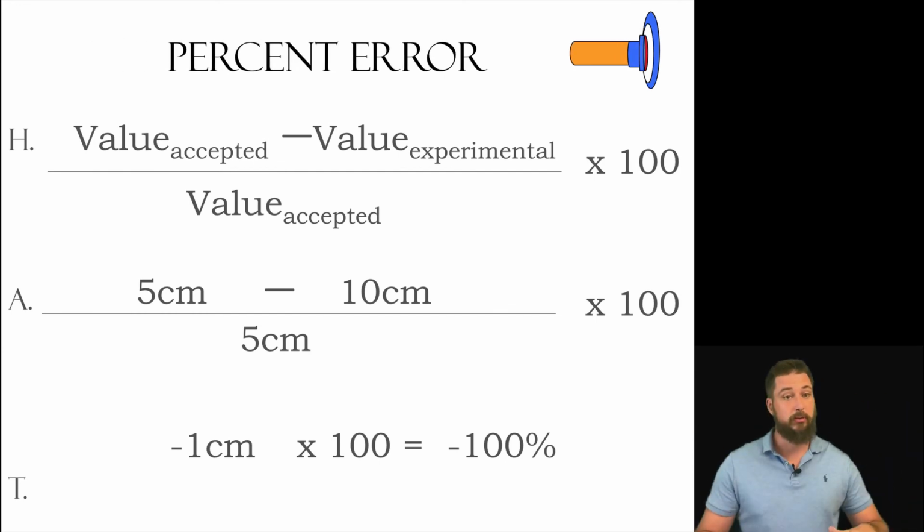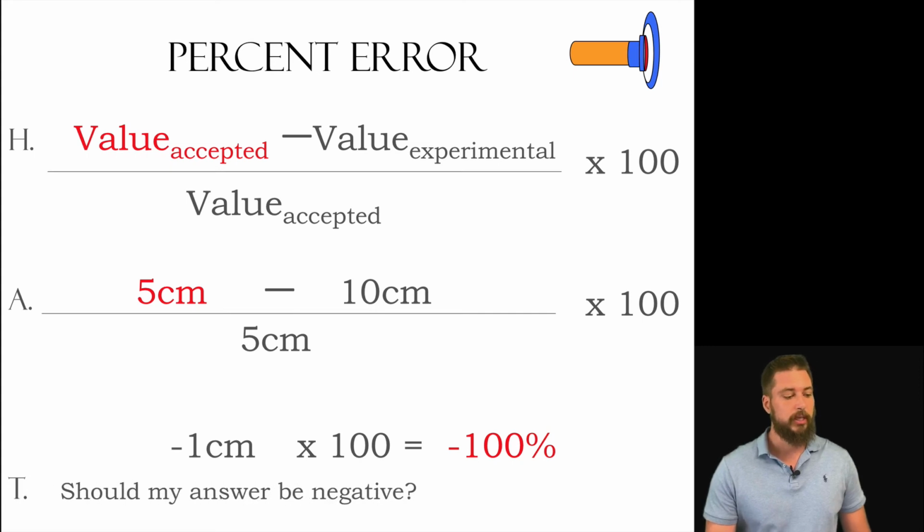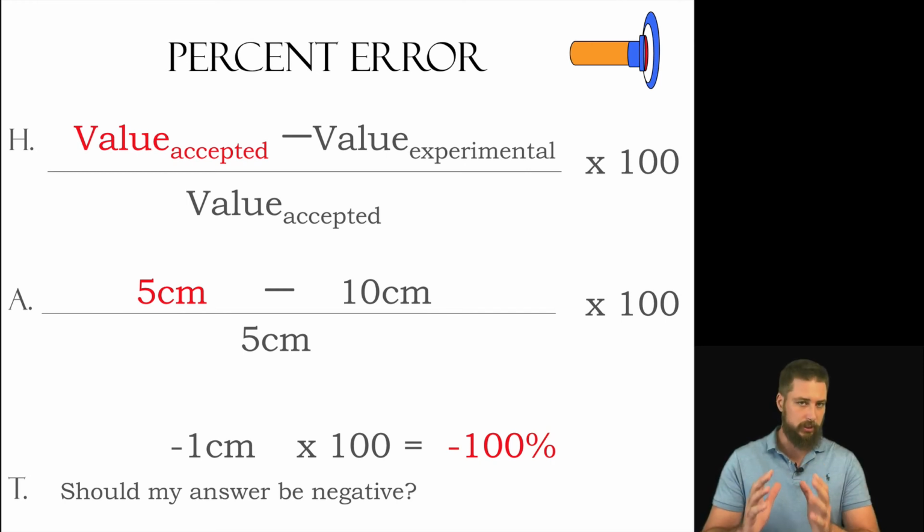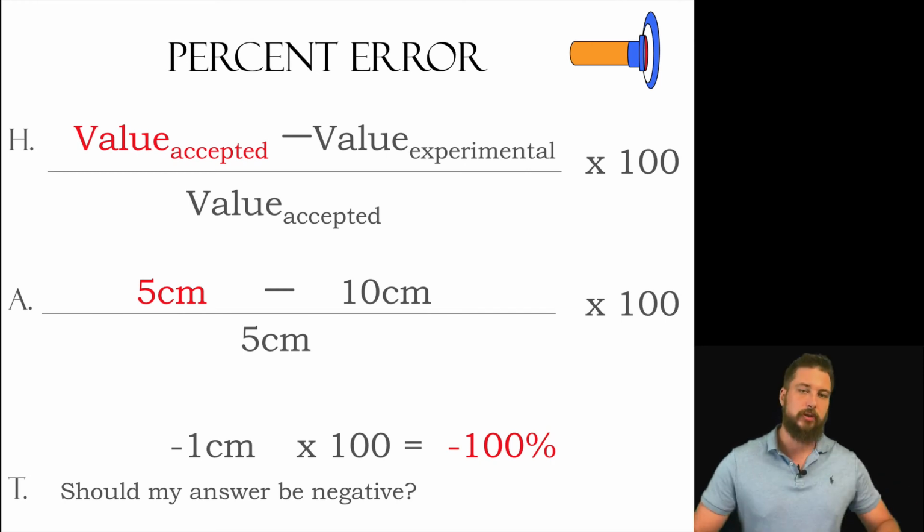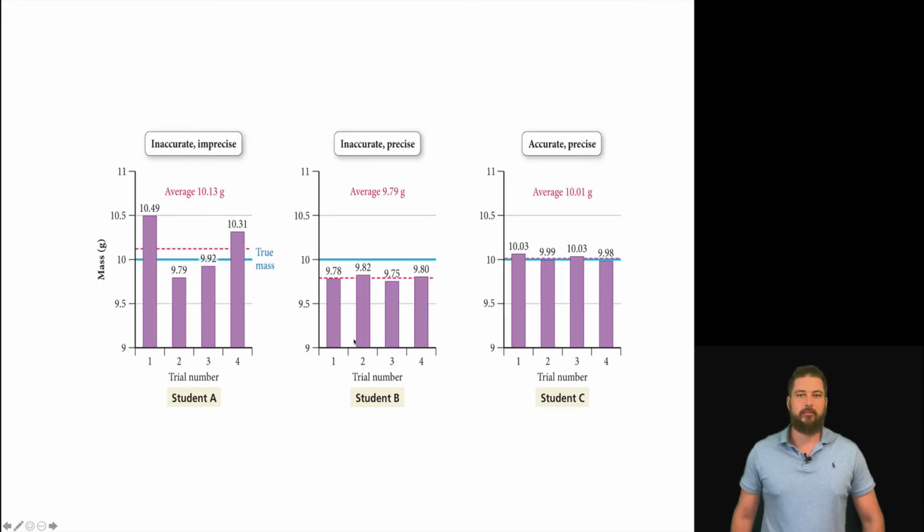We plug in what we know, and we end up getting a negative percent. So it's a negative 100%. And so should the answer be negative? Well, yes, because if you take a look, the experimental value, which is the 10 centimeters, is larger than the accepted value. All right, and that's all you need to know about percent error.